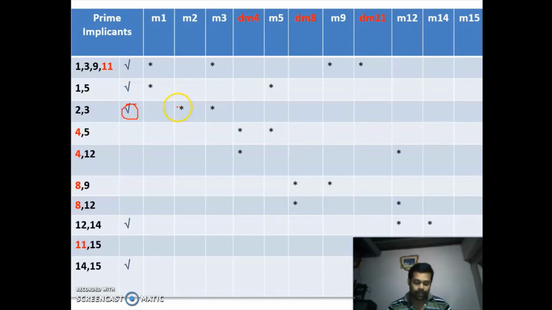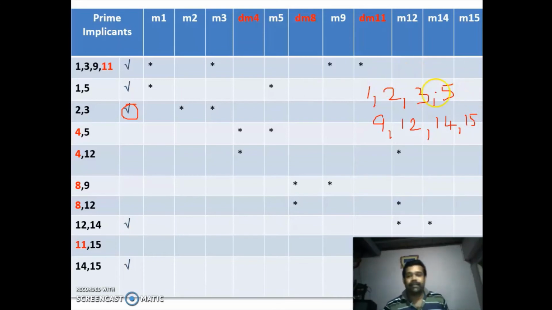But in the question, the given min terms are, I write here, 1, 2, 3, 5, 9, 12, 14 and 15.